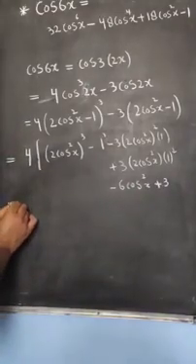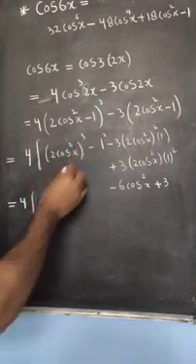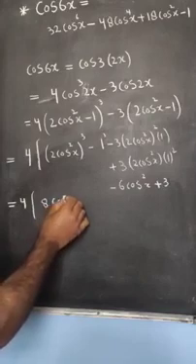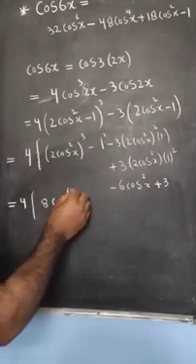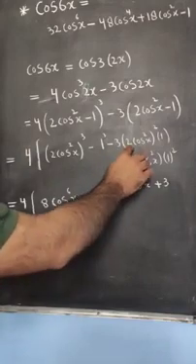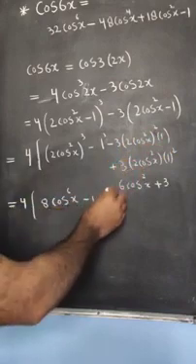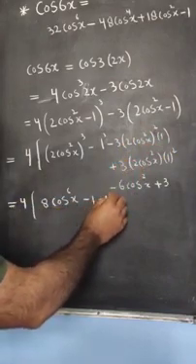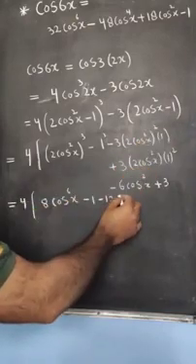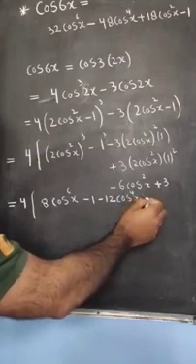That is further equal to 4 times, it's 2 cubed, that is 8 cos raised power 6x, minus 1. It is 2 square, that is 4. 4 into 3 is 12, so it becomes 12 cosine raised power 4x.